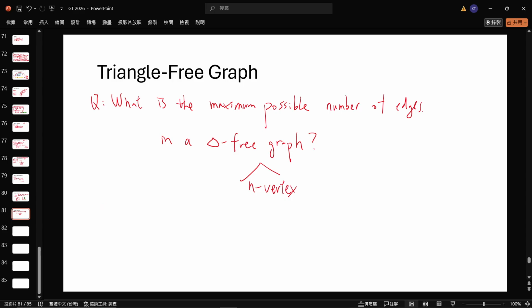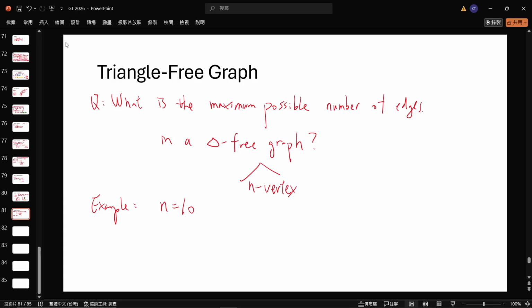So I want you to draw some examples. I want every one of you to try this. Draw a 10-vertex graph. Let's make it a competition.